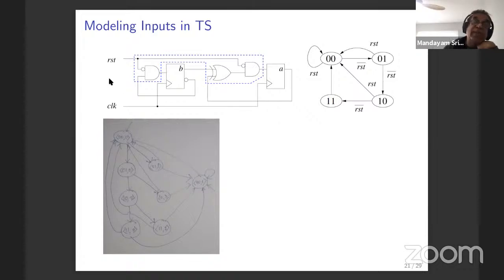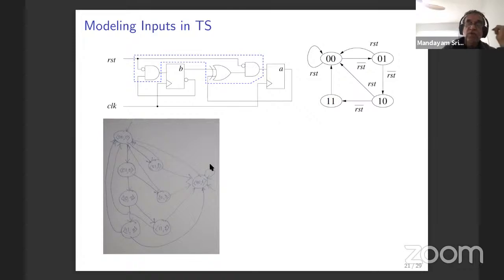So if I left this system with reset as input, what is the environment here? By the way, if you were to model the environment as per what I've shown here, how would you model the environment as a transition system? So the environment has one reset.